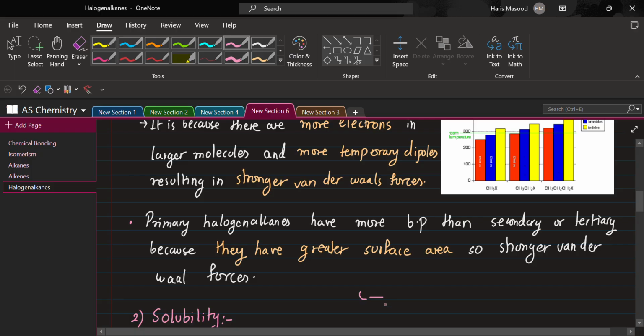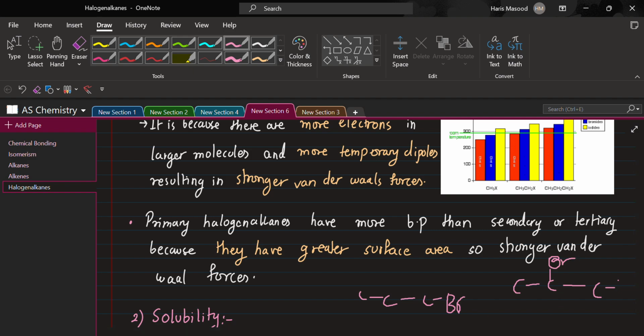You have 3 carbons, then you have Br here. This will have a greater surface area compared to, like, if I make the Br here, or here.